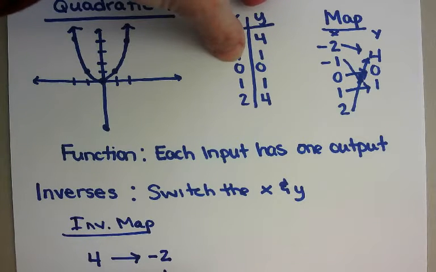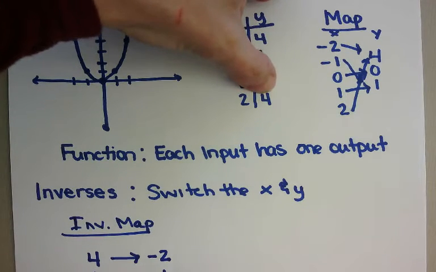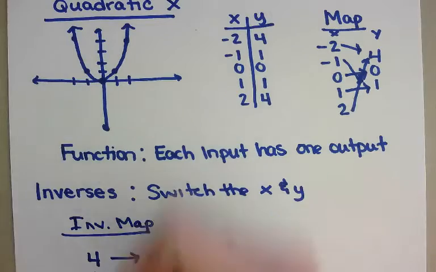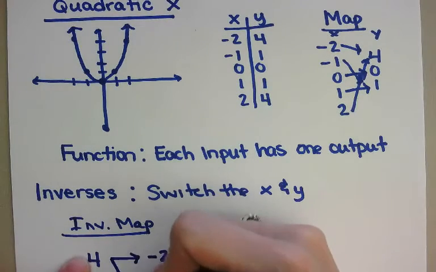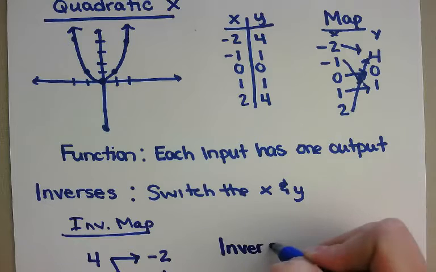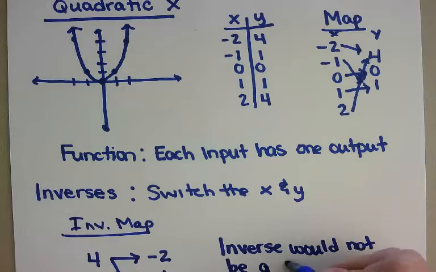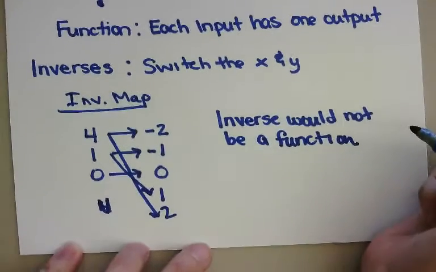I would have 0 mapping to 0, but then I would have 1 mapping to a 1, and then I would have a 4 mapping to a 2. And so the inverse would not be a function.